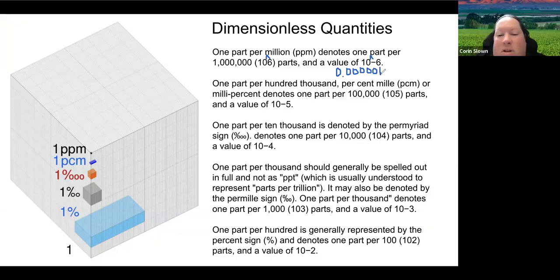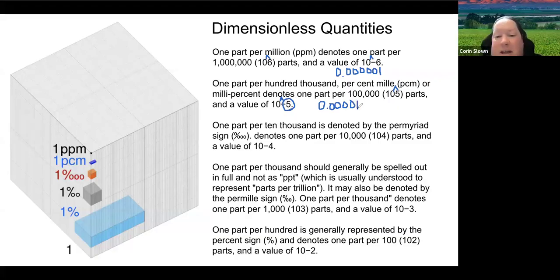We talked about the parts per thousand or the percent meal. And again, this would be 10 to the 5th, the value of 1 part per hundred thousand. Ooh, so this shouldn't be 10 to the negative 5. What should that number be? If it's per 100,000, that's just one more. So here, instead of 5 zeros, it's 4 zeros and a 1.